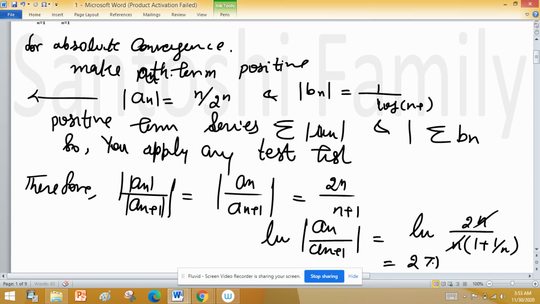This is greater than 1, so absolutely convergent. It means series an is absolutely convergent by ratio test.